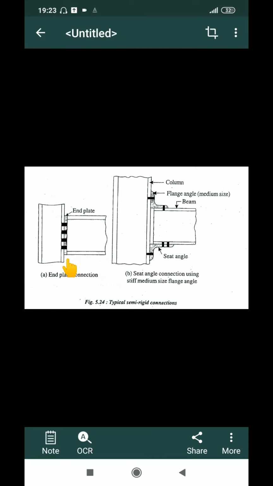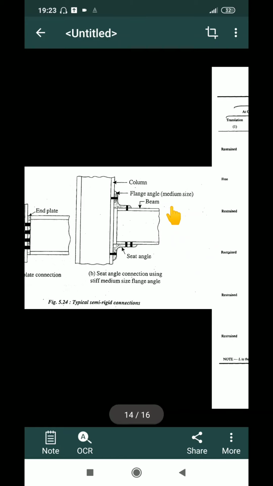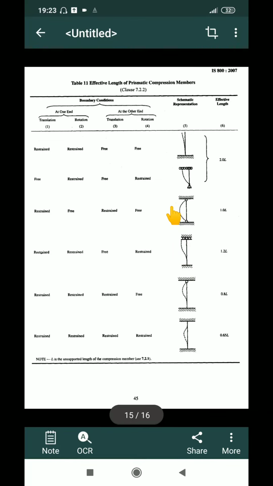It comes from a workshop, and that end plate is directly connected to the flange of the column. This is one type. And second type is a seat angle connection using stiff medium size flange angles. So these are the flange angles I am providing here. So these are different types of connections.